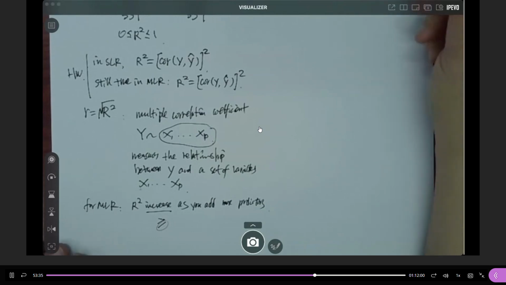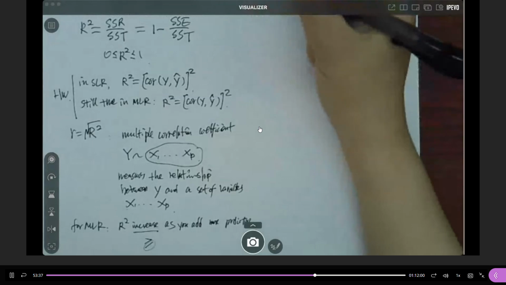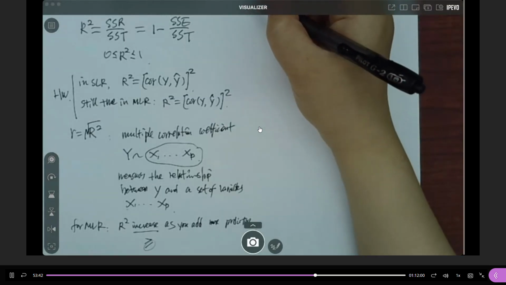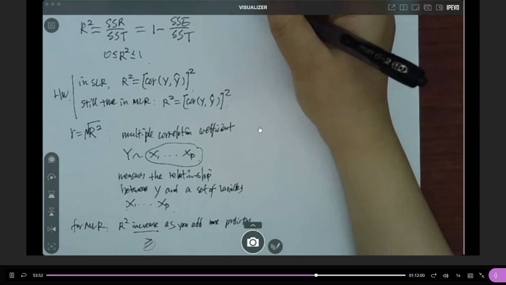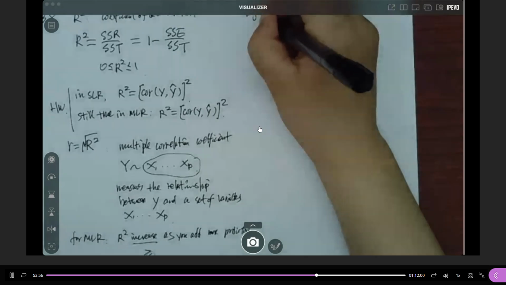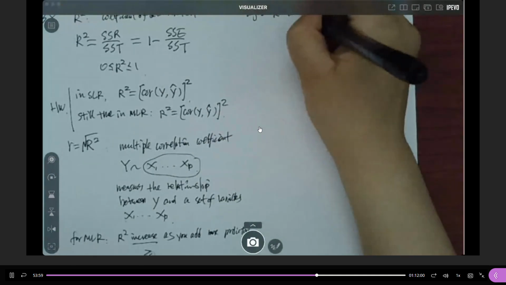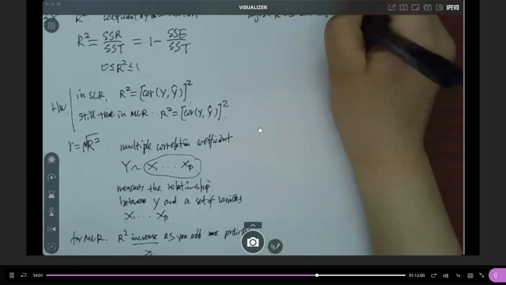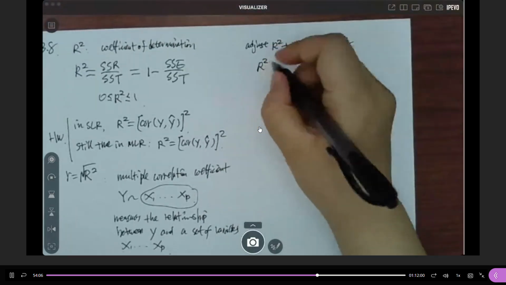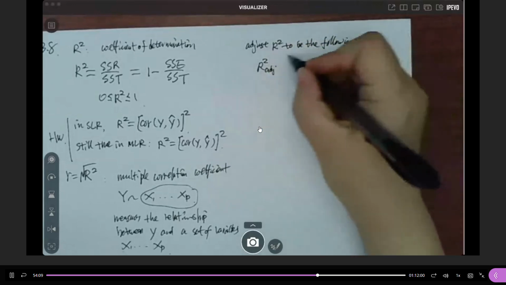That basically means monotonically increase, but not necessarily strictly increase. So in this case, we still want to look at R squared as some measure of the goodness of fit. Basically, how good is your model at fitting this set of data? So in this case, we need to adjust R squared to be the following.